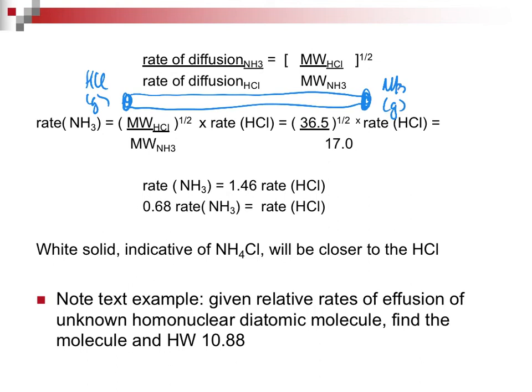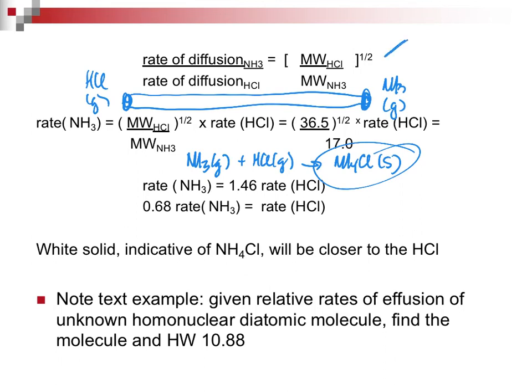Why, and where am I going to be seeing anything? Well, the chemistry is when ammonia gas reacts with HCl gas, we are going to form NH4Cl as a solid. So if we were in the classroom, you would be observing this, and I would ask you to predict where along the tube am I going to see a solid precipitate form. This is the setup for crunching the numbers.